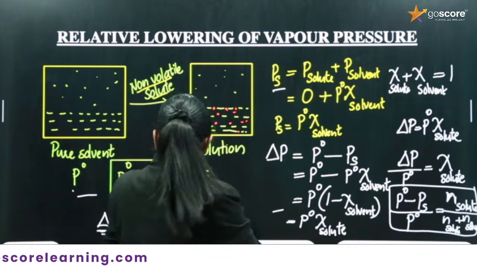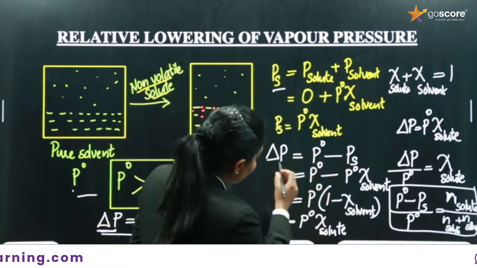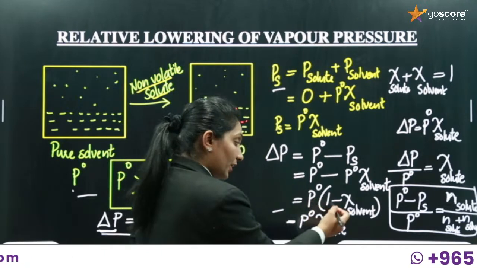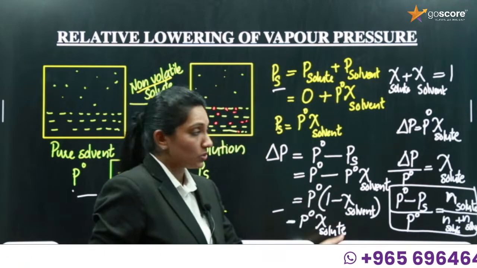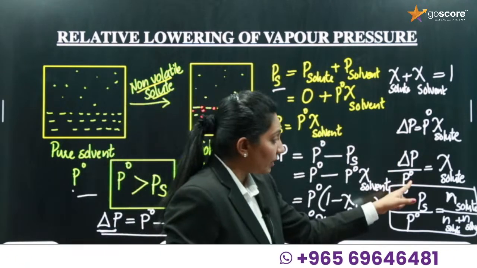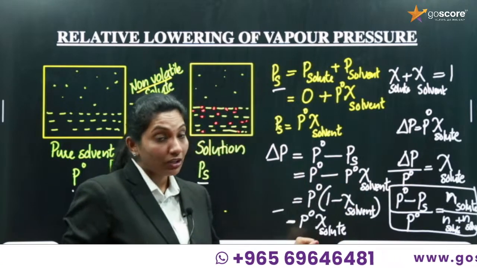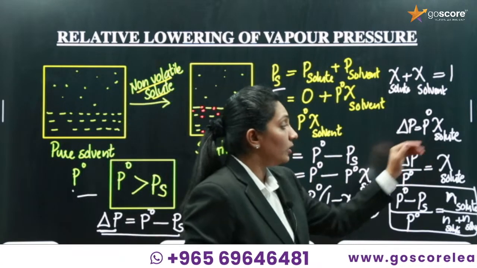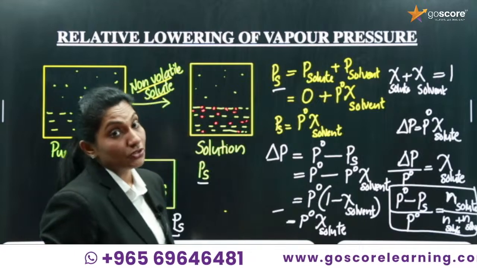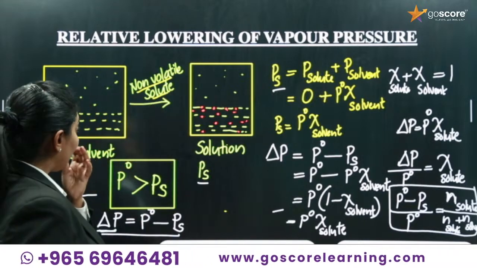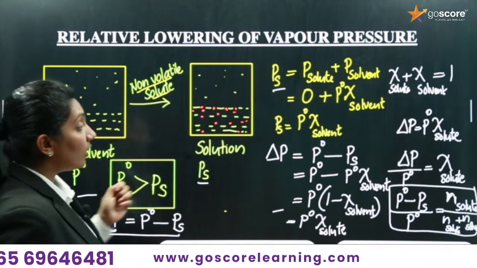So when you substitute in delta P, we will get delta P is equal to P naught into mole fraction of solute. That means delta P by P naught, the relative lowering of vapor pressure, is equal to the mole fraction of solute. Okay. So I think this is clear for you all.